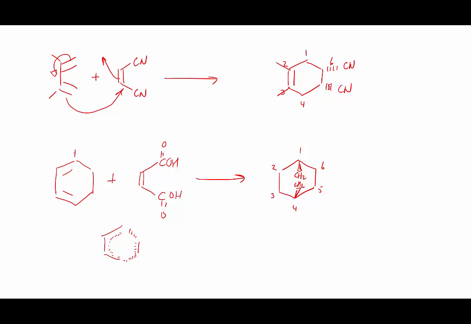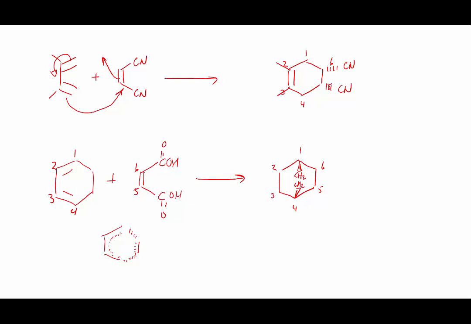Here's the way we do it. We go 1, 2, 3, 4, and we go 5 and 6. No, we go 6 and 5, the way I did it. So when we draw our 6 carbons, we've got that. As we're going through, we say, what's attached to carbon 1? CH2, CH2 bridge.